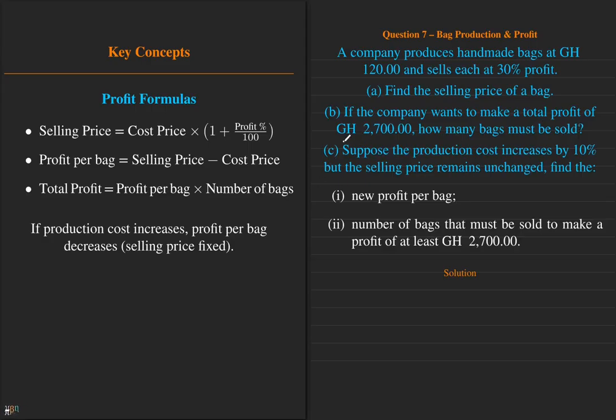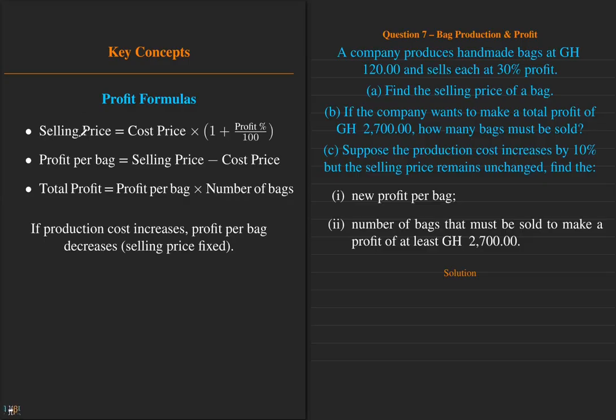And then, suppose the production cost increases by 10%, but the selling price remains unchanged. You have to find the new profit per bag. And then we have to find the number of bags that must be sold to make a profit of at least 2,700 cedis. Now, for this particular question, here are some key concepts you should take note of.